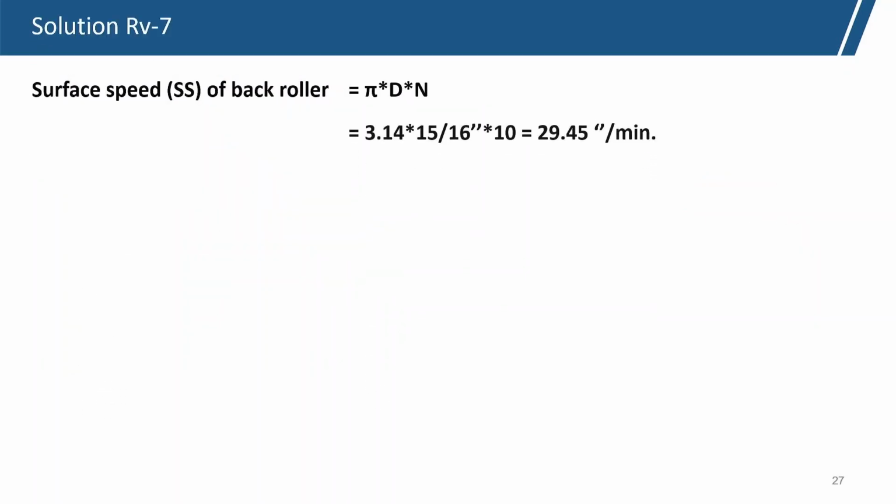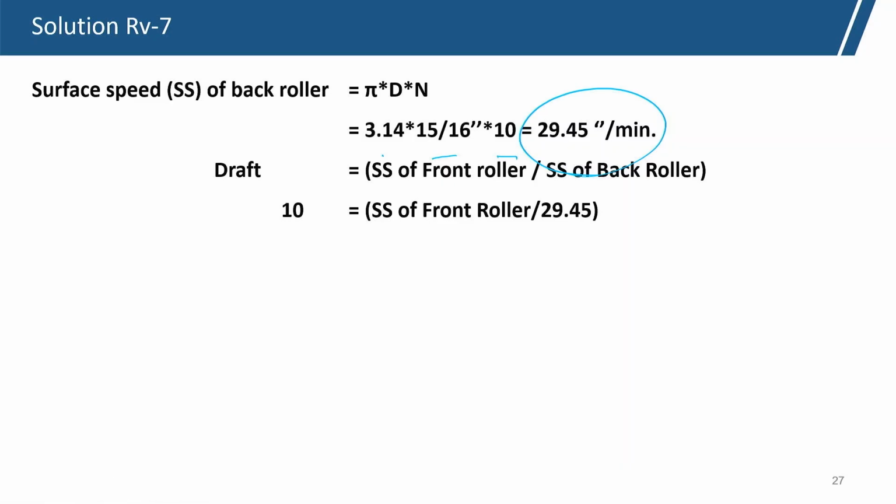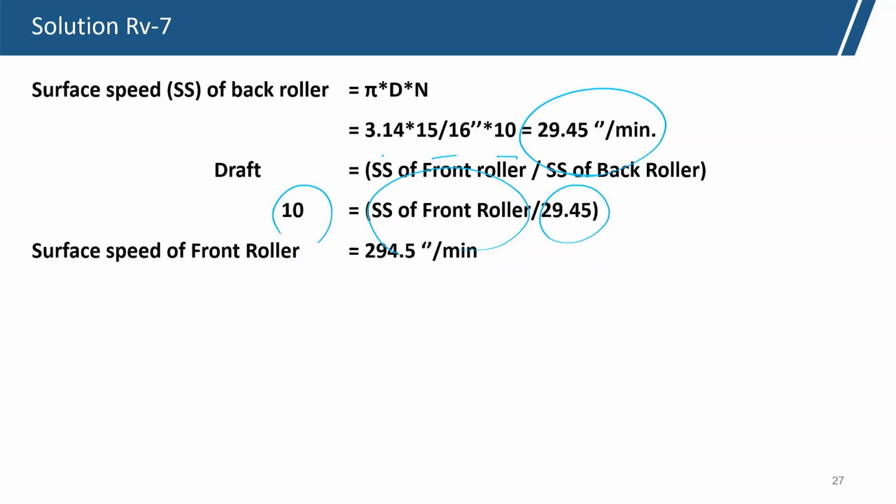and TPI. Now, see, this is the surface speed of the back roller, pi d n. So, 29.45 inch per minute. The draft is 10, which is the surface speed of the front roller divided by the surface speed of the back roller. From there we can calculate the surface speed of the front roller as 294.5 inch per minute, just multiplying the surface speed of the back roller by the draft of 10.